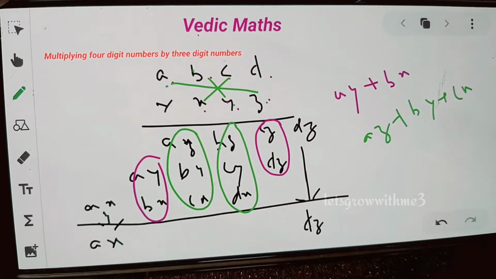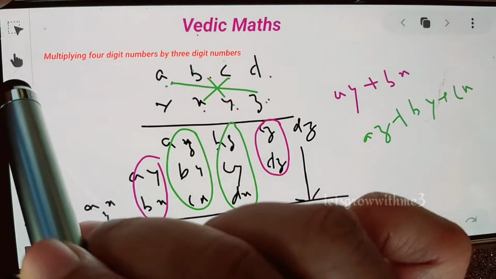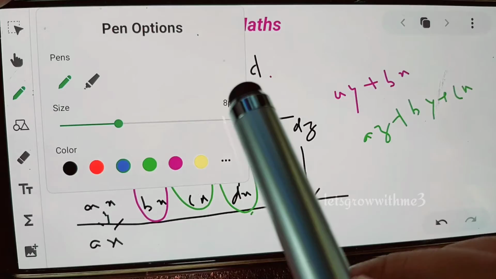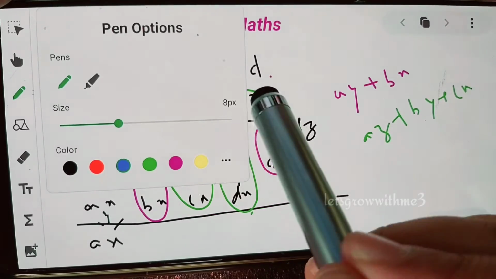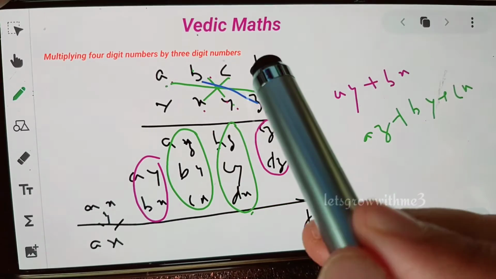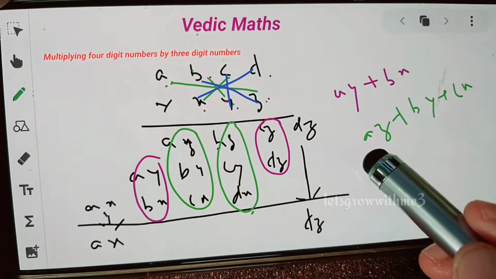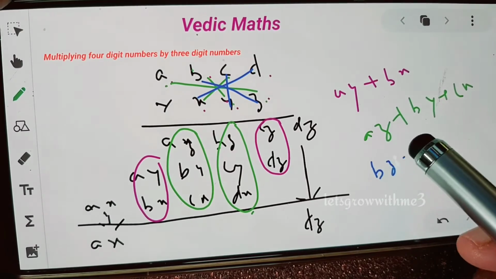One is az plus cx plus by. If you observe carefully, you multiply the adjacent cross, az and cx, and then the straight by, and then we add all these values. That's how we get the second degree cross value.